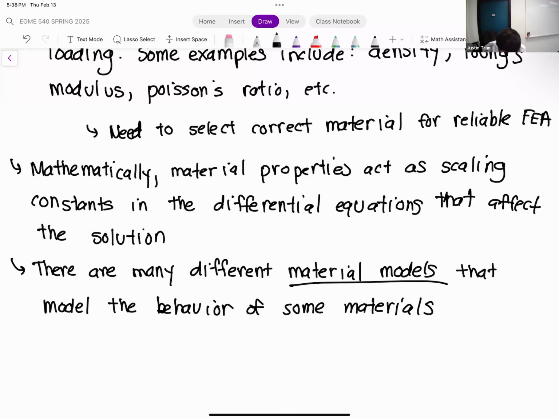When people first learn about solid mechanics, the focus is mostly on linear models, or linear isotropic elasticity. But in reality, there are a lot of materials that don't follow that straightforward linear relationship between stress and strain, things like composite materials or biological materials. For those materials, there are other models that we can use to model their behavior, and that becomes incredibly important in FEA as well.